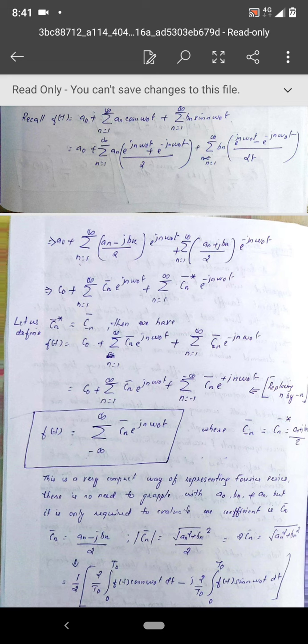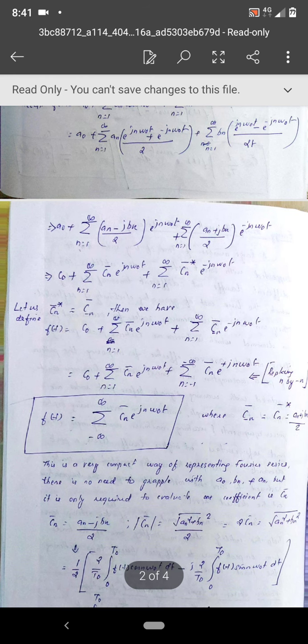So that is cn bar e raised to j n omega naught t plus summation n is equal to 1 to infinity. Now, if cn bar was an minus j bn by 2, then its conjugate is an plus j bn by 2. That conjugate is represented by cn bar star. So cn bar star is nothing but the conjugate of cn bar, which is an plus j bn by 2, times e raised to minus j n omega naught t.